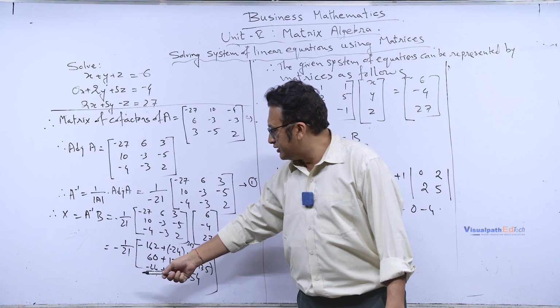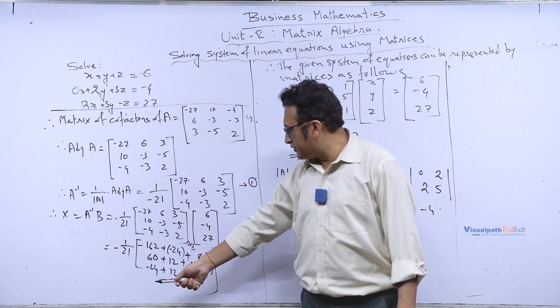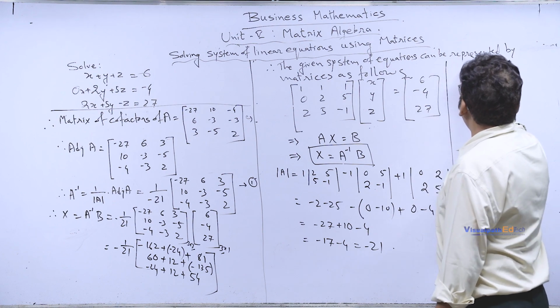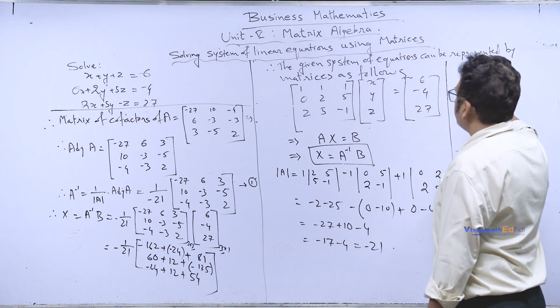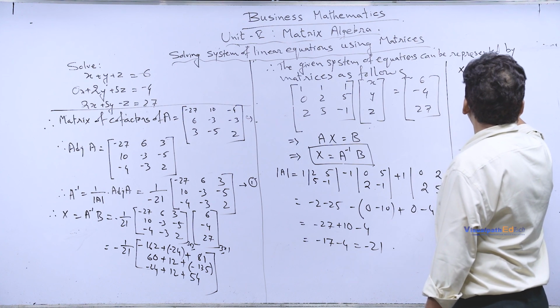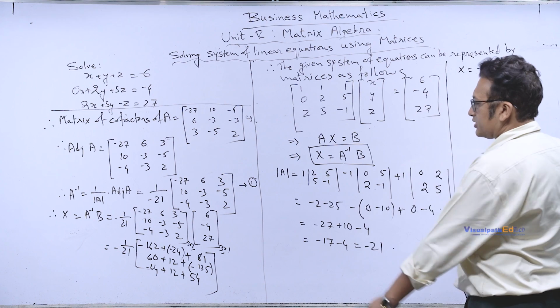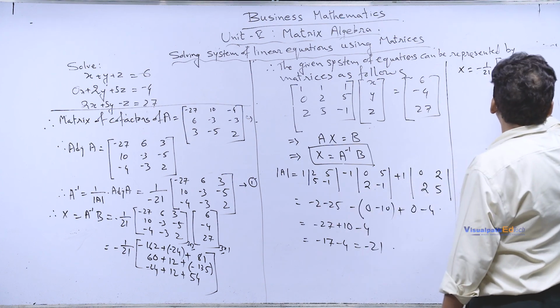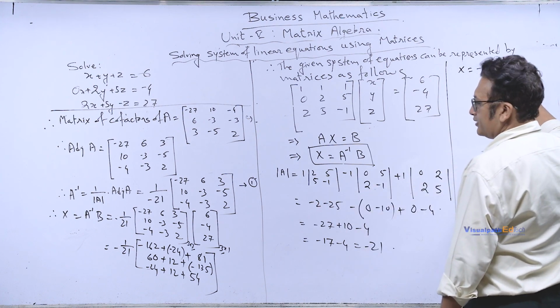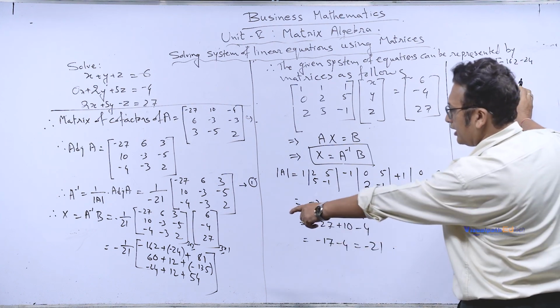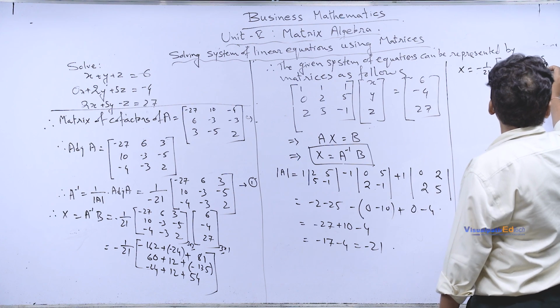A inverse B, we have minus 1 by 21. And now we are going to calculate this. So X is equal to, we are going to get minus 1 by 21 into, in the matrix notation, we have minus 162, then plus into minus, minus 24, after that plus 81.